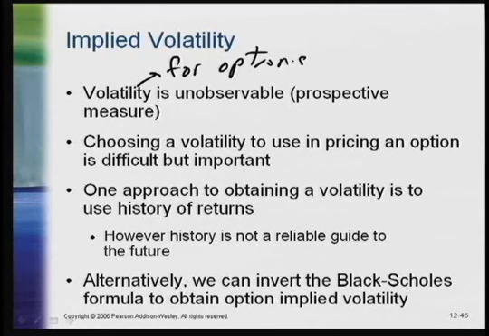While volatility is unobservable, choosing volatility for the pricing of an option is an important exercise because we have seen how important sigma is in the determination of option prices. We've seen this in the Black-Scholes formula where the sigma measure weighs prominently.